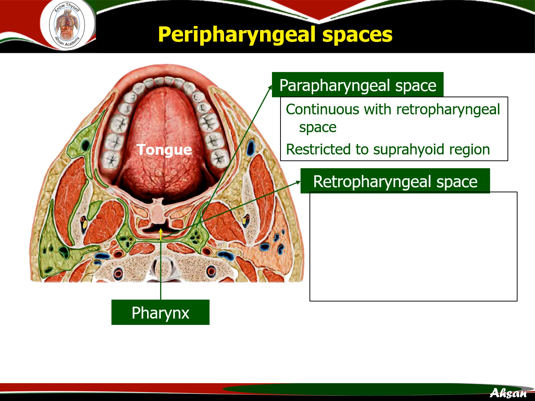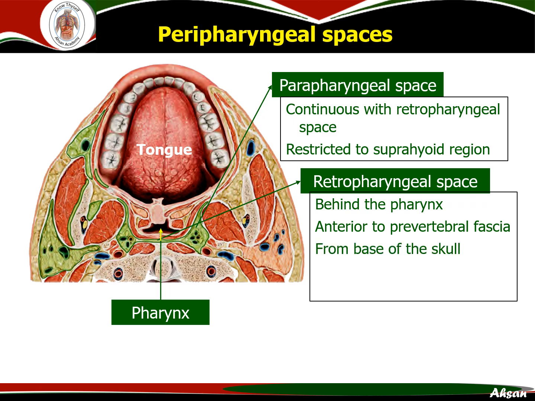The labeling shows the retropharyngeal space, which is behind the pharynx and anterior to the prevertebral fascia, and it extends from the base of the skull downwards to the posterior mediastinum of the thorax.